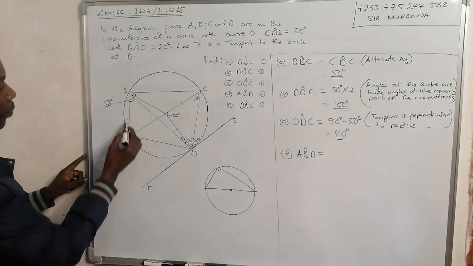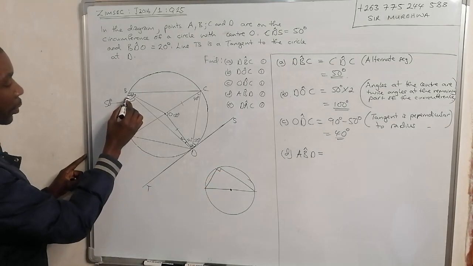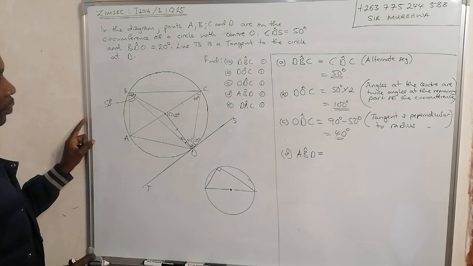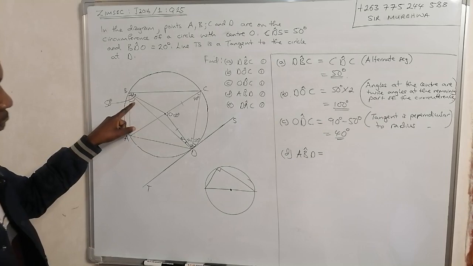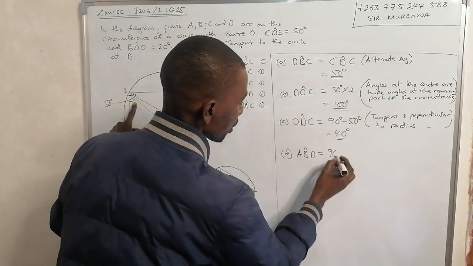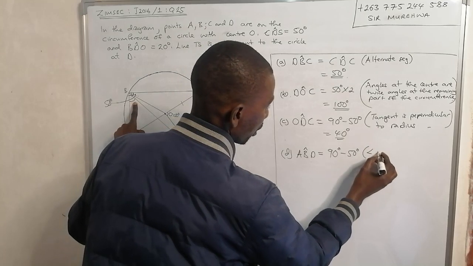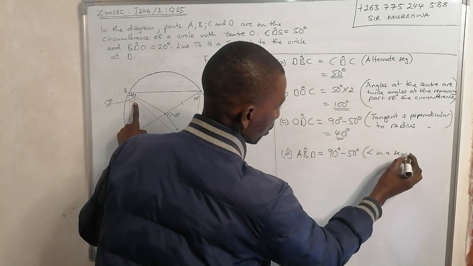Since we have 50 here, we can say 90 minus 50, an angle in a semicircle.